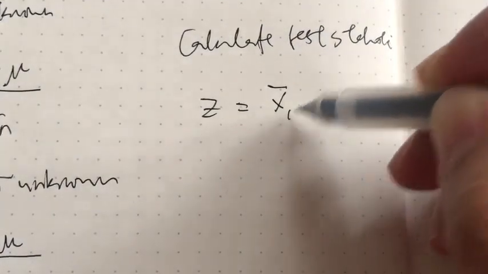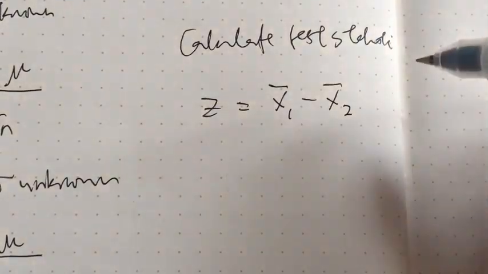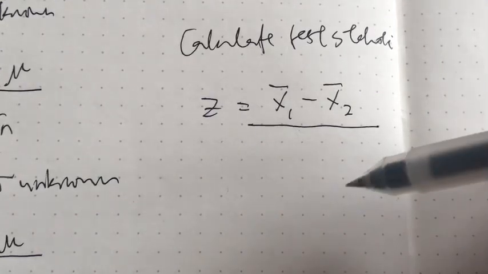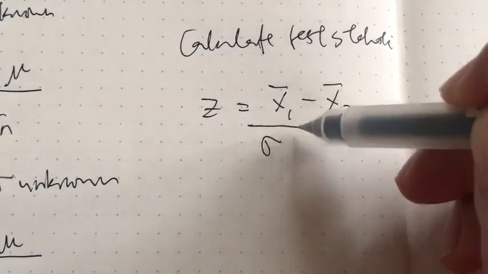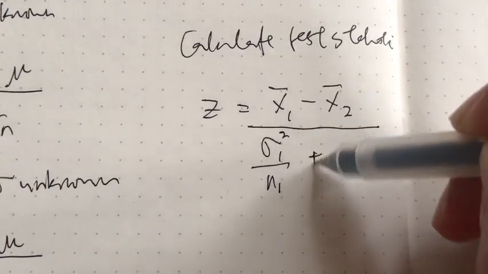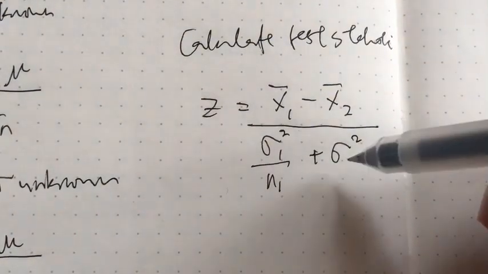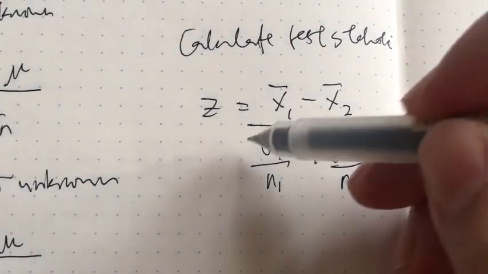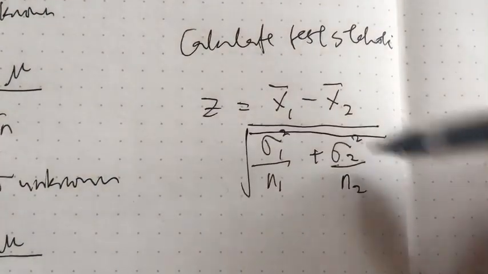Therefore, we find the difference between the two sample means over the combined standard error. The standard error would be the variance for the first sample over the sample size for the first sample, plus the variance of the second sample over the second sample size, and square root it because it's standard error.